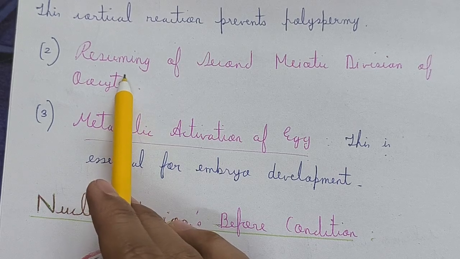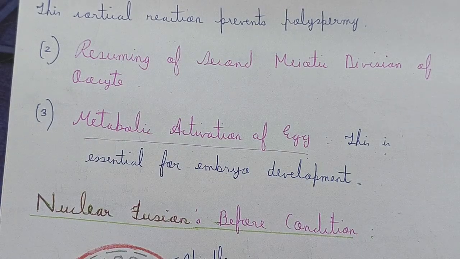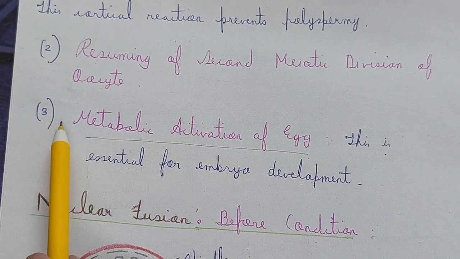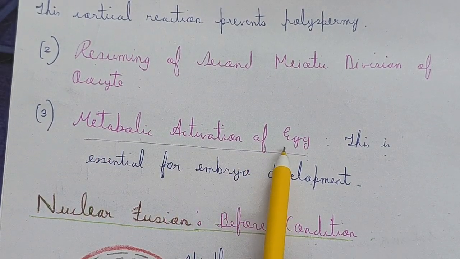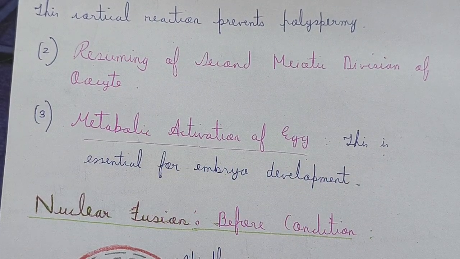As soon as the calcium wave occurs, or the sperm head comes in contact with the uterine membrane, the second meiotic division begins. And the third is the metabolic activation of the egg, which is essential for embryonic development, because we know that this fusion leads to the zygote, and through this zygote embryo formation takes place. And yes, we will study cleavage in the next part.